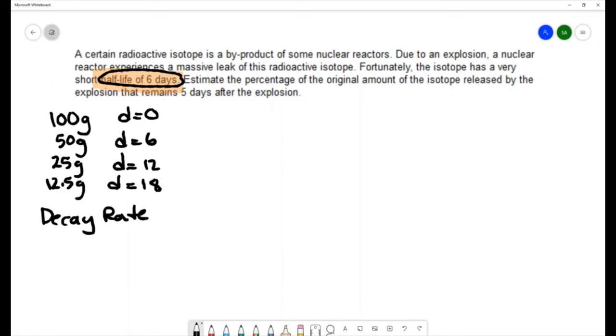So we're assuming that we have an exponential model, and an exponential model looks like this. A equals A naught e to the kt. And let's make sure we understand what these pieces stand for. A naught is our initial amount.